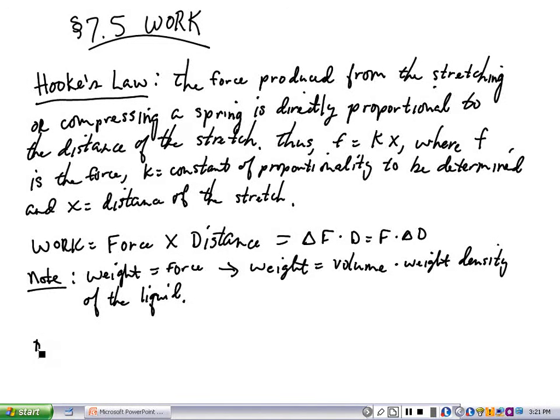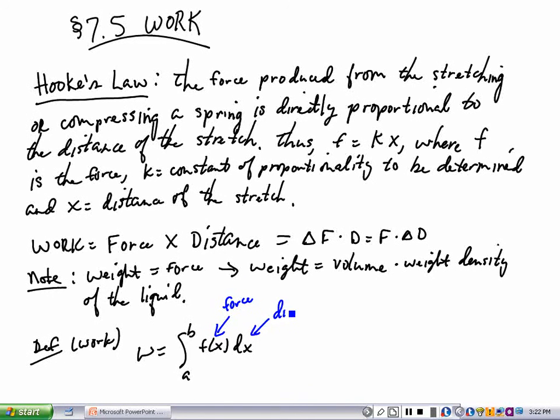According to calculus, we define work in this way, that work, we say W, is no more than just the integral from a to b, the distance that's been covered, of some force, F of x times dx. Please note here that F is the force, may the force be with you, and dx is the distance.